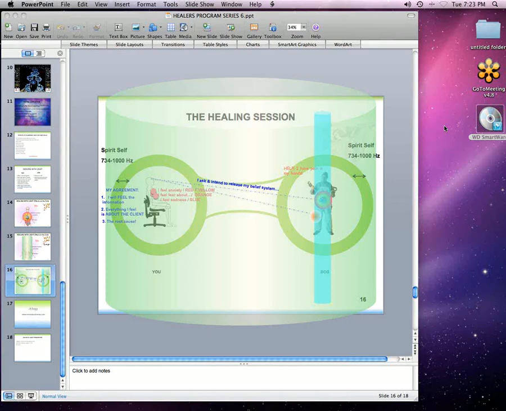I am now choosing to let it go once and for all. Okay. And how do you feel? Lighter, yes, lighter in that area. Very good. Much lighter in that area.